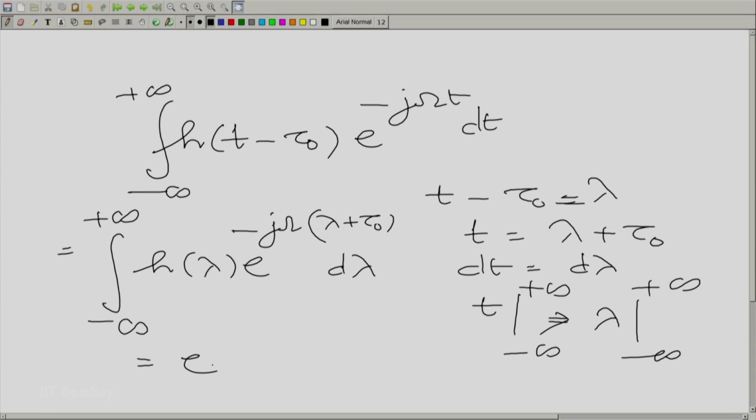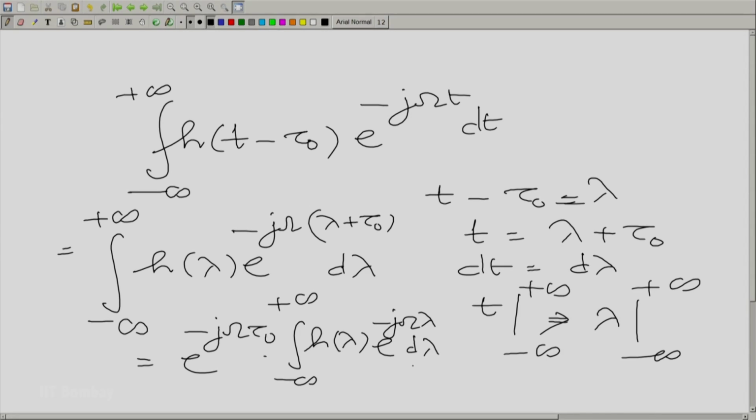So, you can bring e raised to the power minus j omega tau 0 outside and leave the rest inside, h lambda e raised to the power minus j omega lambda d lambda.